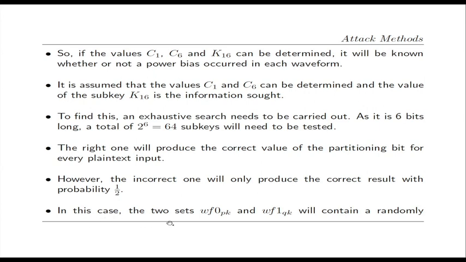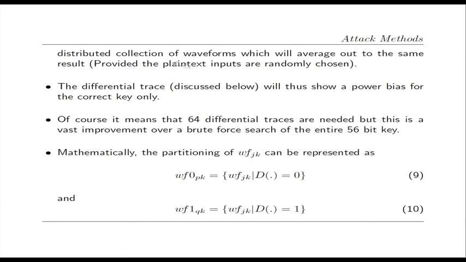So, in this case, the two sets WF0 and WF1 will contain a randomly distributed collection of waveforms, which will average out to the same result. The differential trace will thus show the power bias of the correct key only.